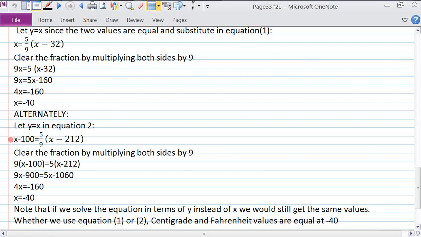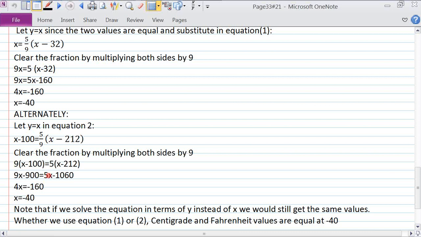If I multiply this portion by 9, the 9's cancel, and I've got 5 times bracket x minus 212. So removing the brackets, 9 times x gives me 9x. 9 times minus 100 gives me minus 900. 5 times x gives me 5x, and 5 times minus 212 gives me minus 1060.